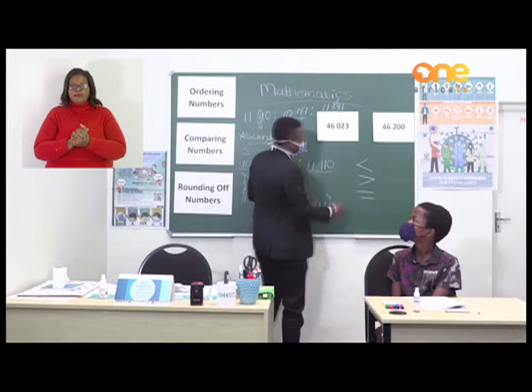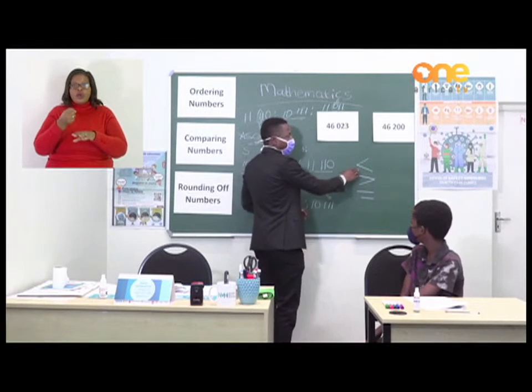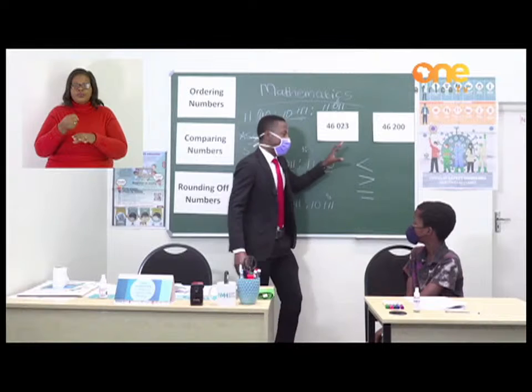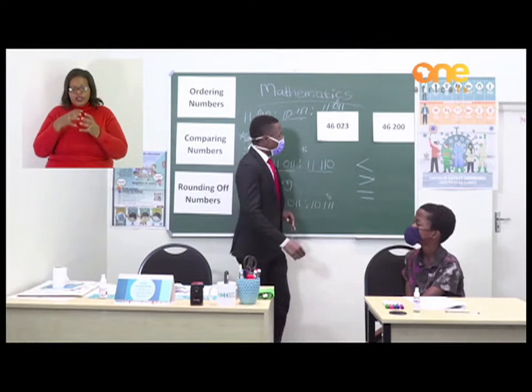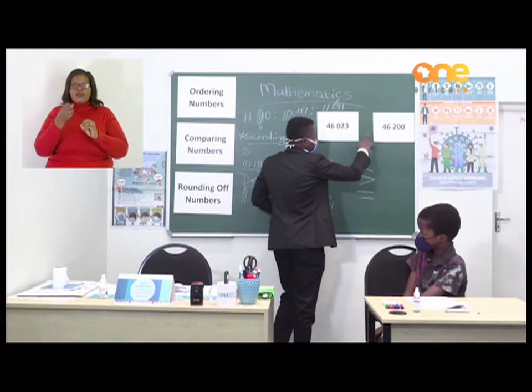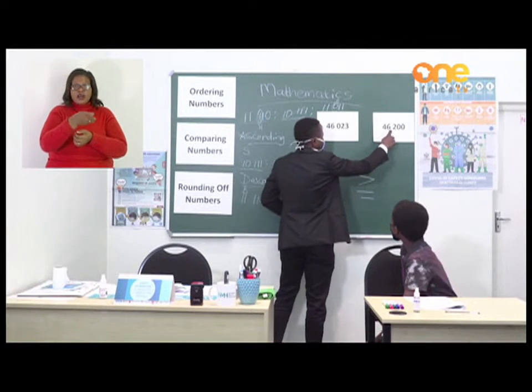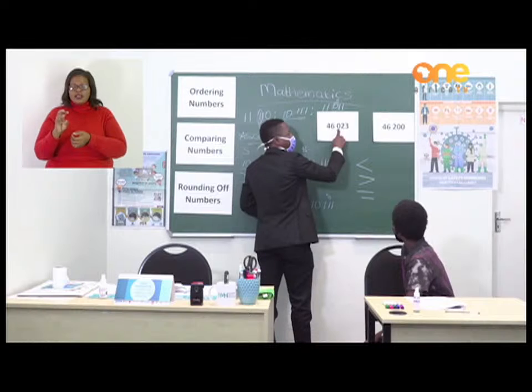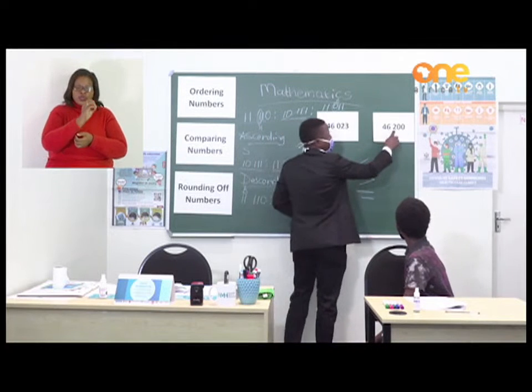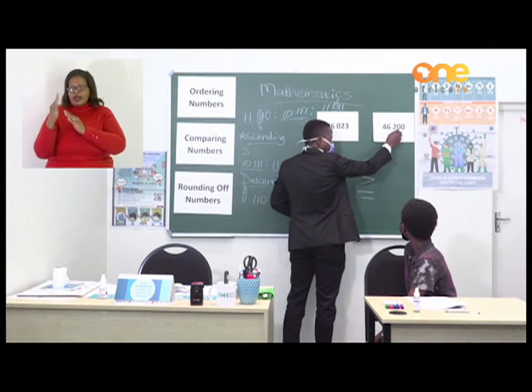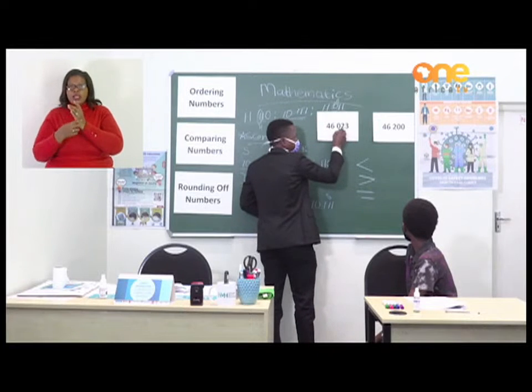So let's say this is the mouth of a crocodile, and it's going to eat the number which is bigger. So if you look at these numbers which are here, 46,000, and I have 23, but here I have 200, meaning this is bigger than this.